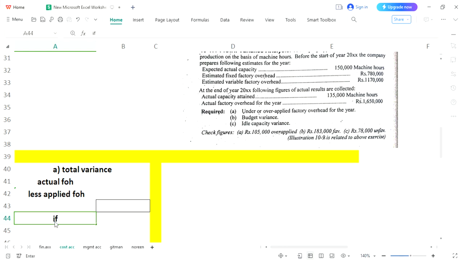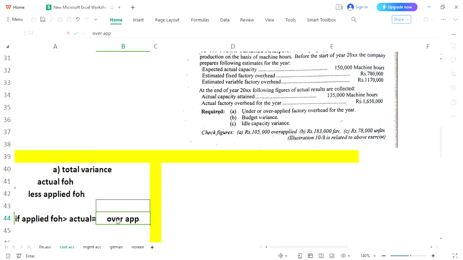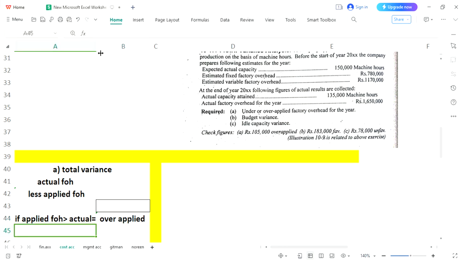If applied FOH is more than actual, it would be called over applied.